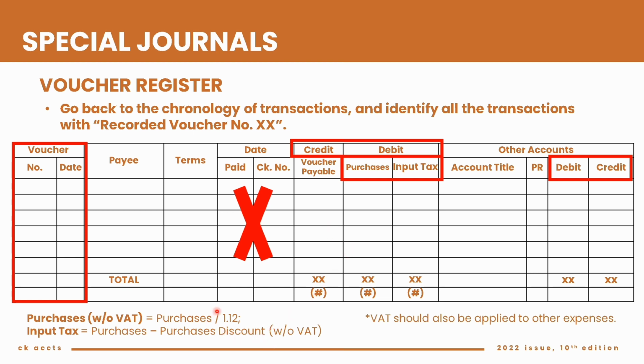So, ang gagawin natin, yung amount ng purchases, i-divide natin by 1.12 for us to get the purchases without VAT. Then, for the input tax naman, we have to deduct the purchase discount without VAT or purchases without VAT sa ating purchases. Okay?